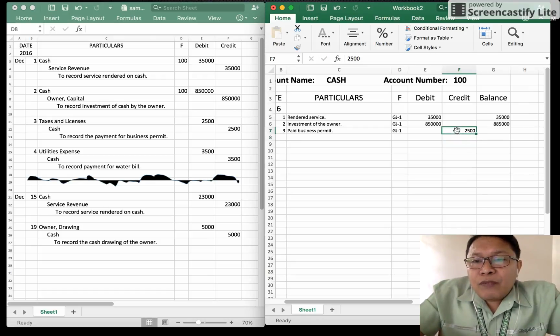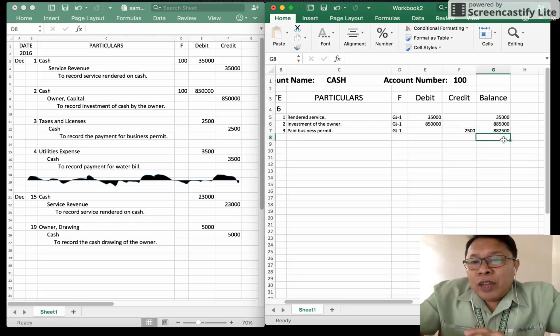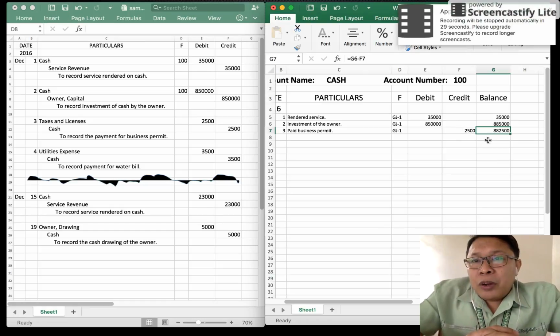Because 2,500 appears on the credit side, we technically have to deduct this value from the balance of 885,000. Our balance now is still a debit balance, but it becomes lesser because we deduct the 2,500. Therefore, our amount is equivalent to 882,500 this time.